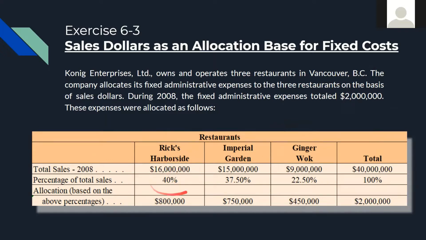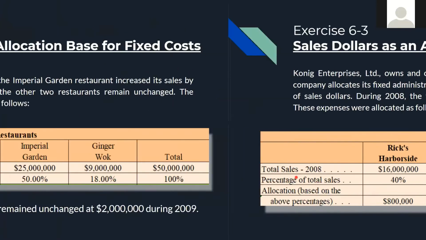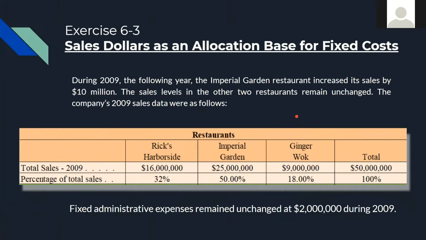of the total sales, Imperial Garden with 15 million sales or 37.5% of the total sales, and Ginger Work with 9 million sales or 22.5% of the total sales. Later on, we will be discussing how to get the allocation based on the percentage sales.